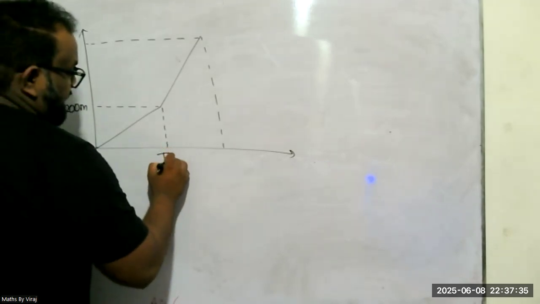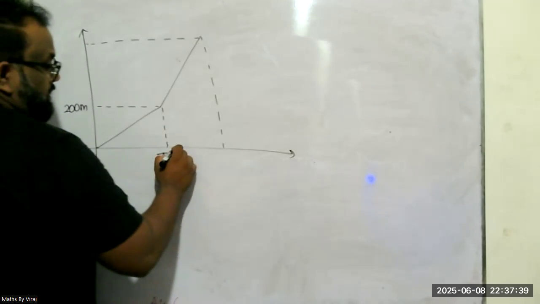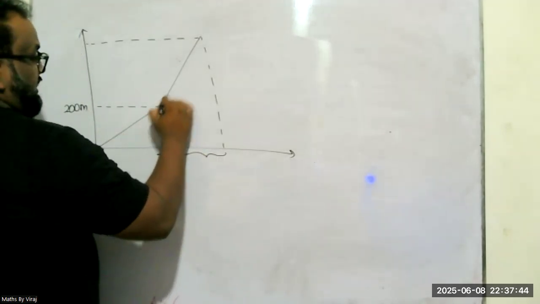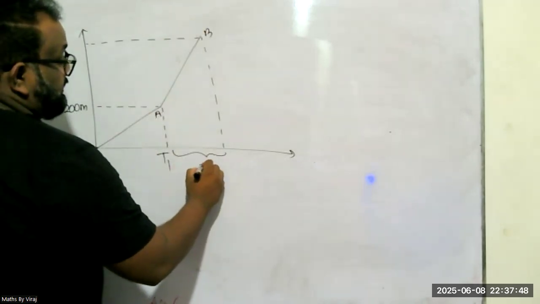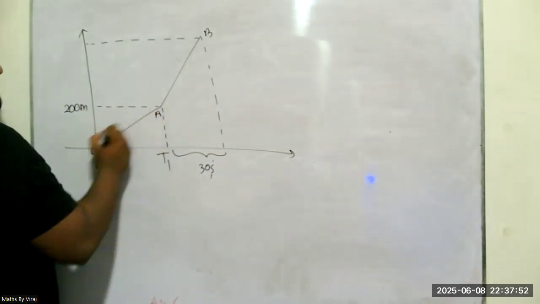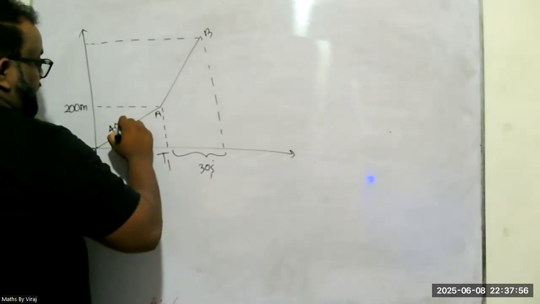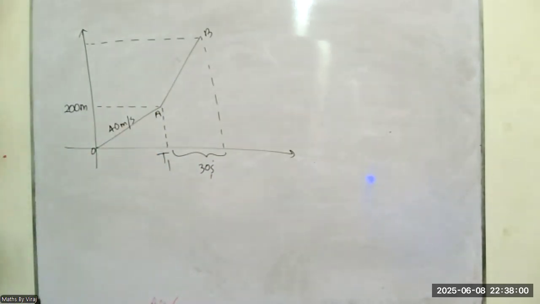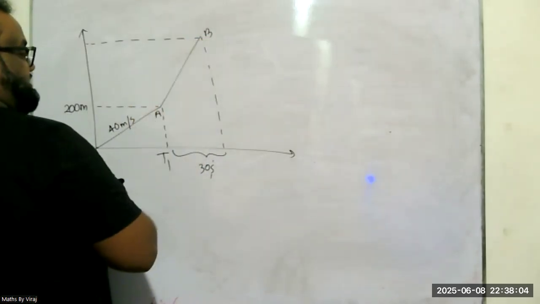We do not know the time. Let the time be t1. Here, from O, A, B, the time it takes is 30 seconds. Here the speed is given to us as 40 meters per second. On the other hand, this is a way steeper slope, as you can see.